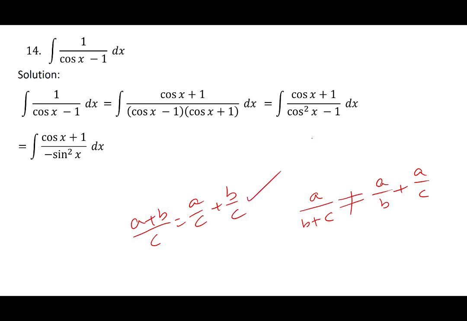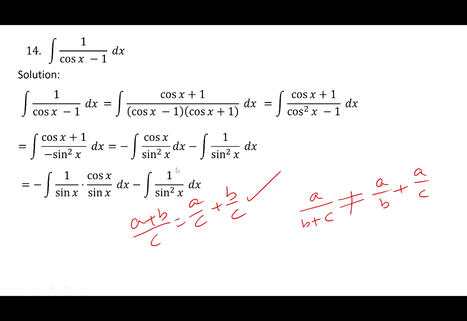There's nothing wrong with saying the quantity a plus b over c is equal to the quantity a over c plus the quantity b over c. That is perfectly fine. Cool? All right.